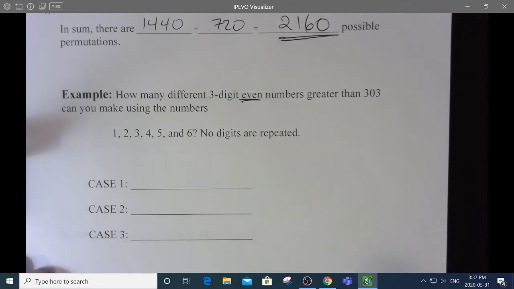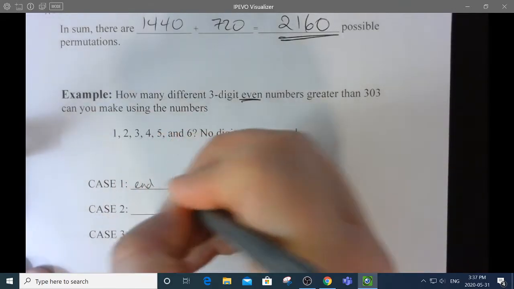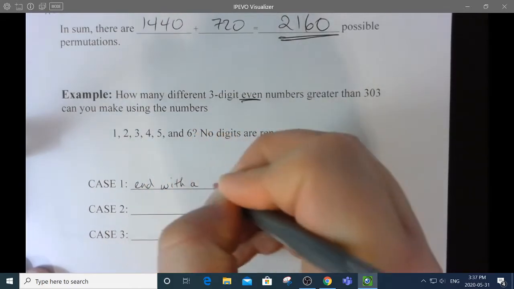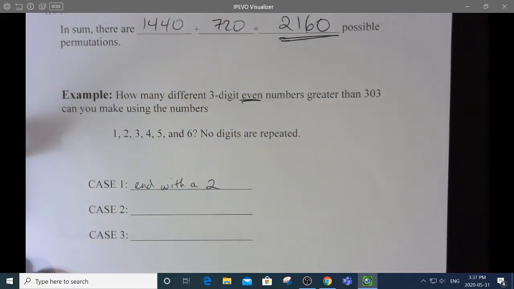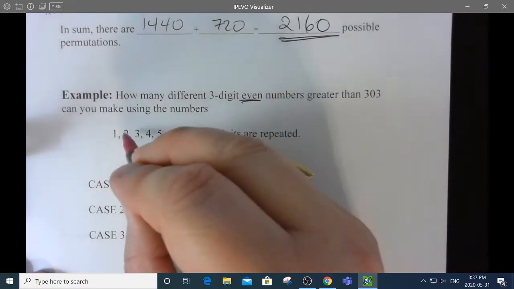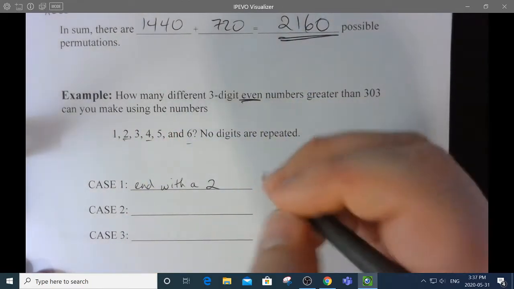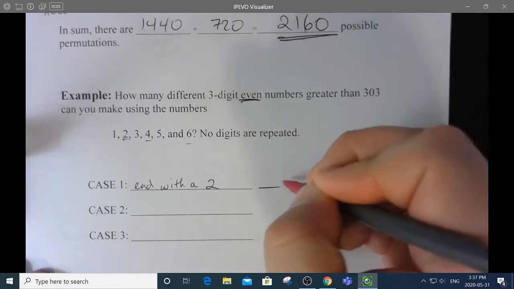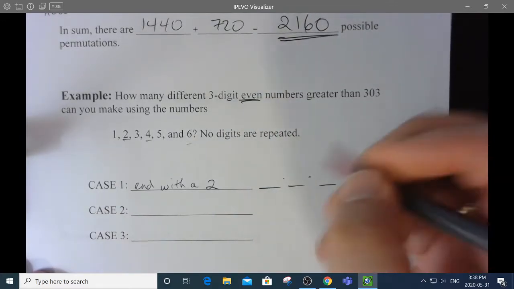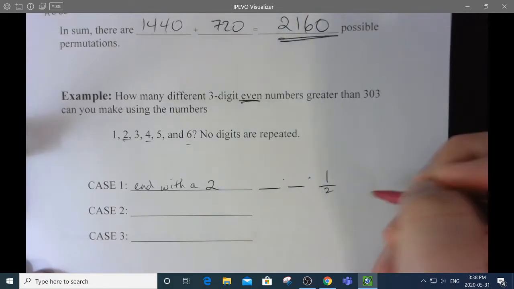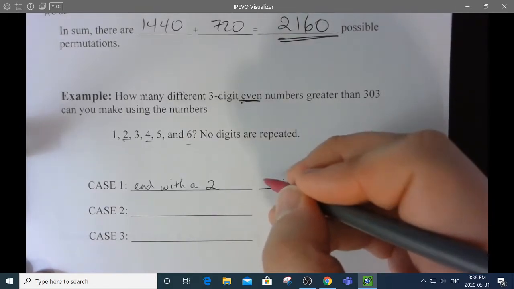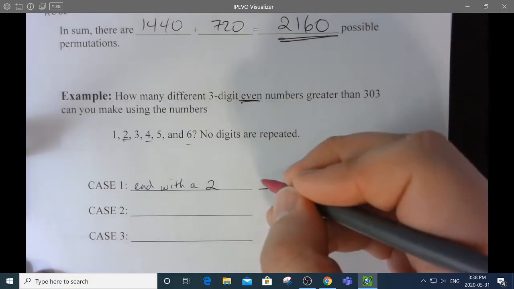Case 1 is that you end with a 2. Because remember, even means that you have to end in the 2, the 4, or the 6. So case 1, you end with a 2. You're making 3-digit numbers, and this has to be a 2. So there's only one 2. But this can be anything. Oh, wait a minute. It can't be anything, can it?